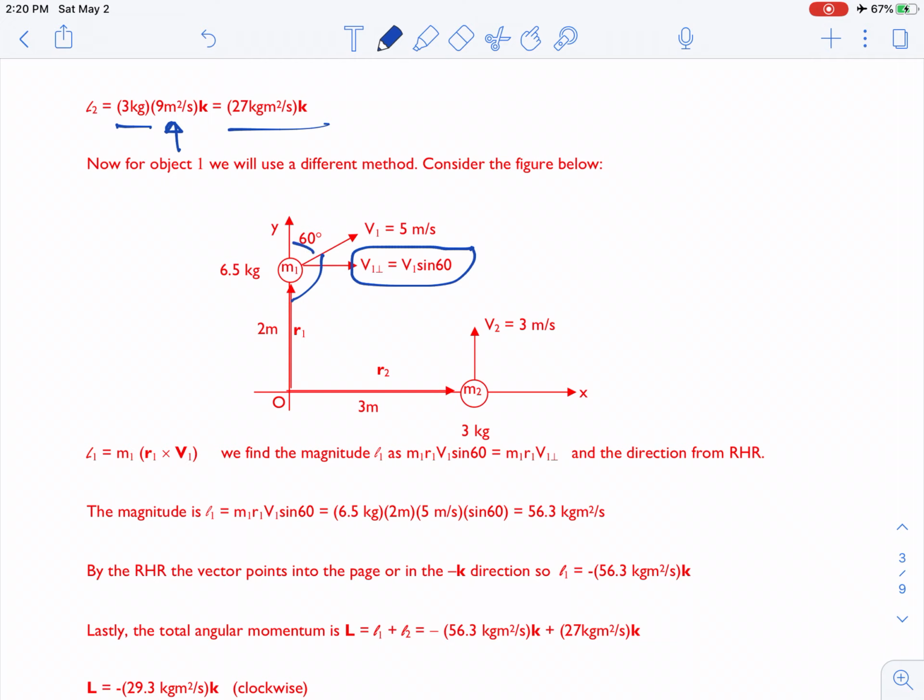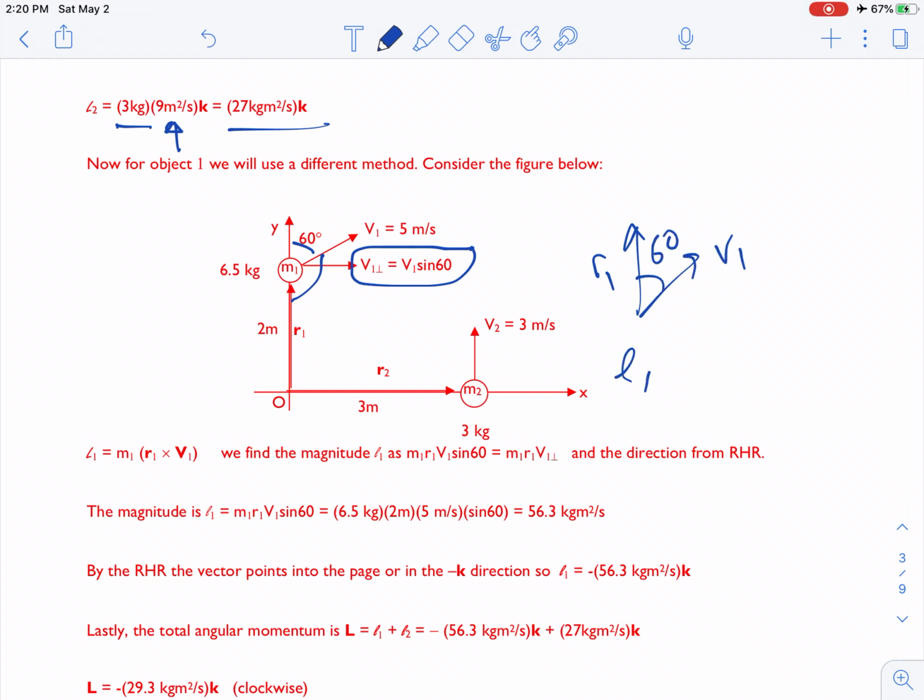And using this angle of 60 degrees here, you can write it as V1 sine 60. So if that is what the perpendicular component is, you can also do R1 times m v1 times sine of the angle between them, which is 60 degrees, not 120, because R1 is that way, V1 is that way, and this is the angle between them.